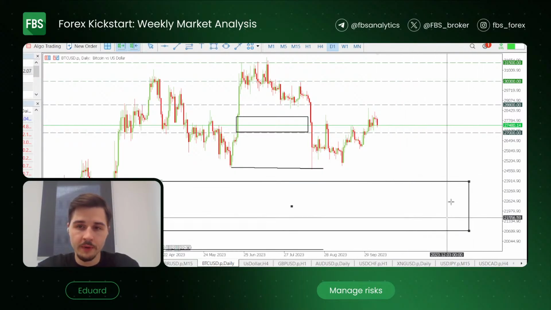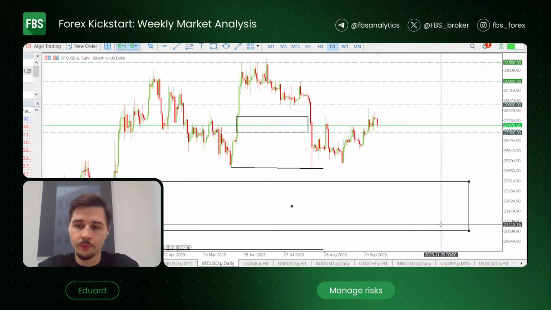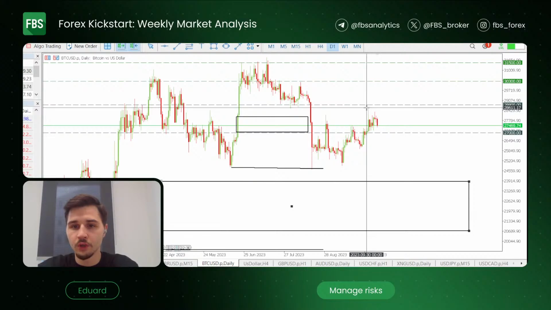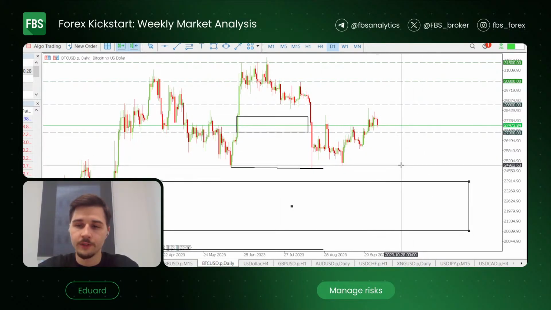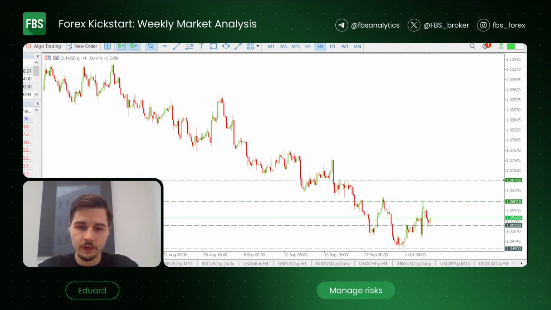Here I will close my sell trades, probably in the middle of this rectangle or maybe at the lower border of it, because I don't think Bitcoin has anything bullish in it for the next several months. We have an enormous head and shoulders, and this right shoulder is half finished. So yeah, I will look at Euro USD this week, and I will sell Bitcoin and some other cryptos this week also.